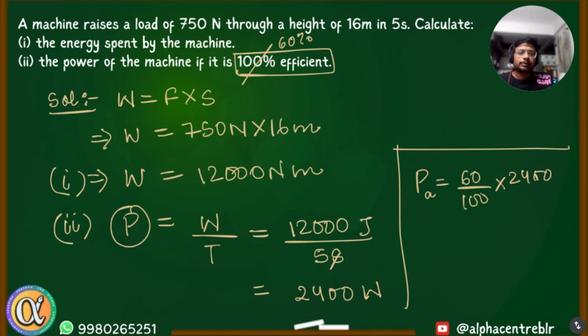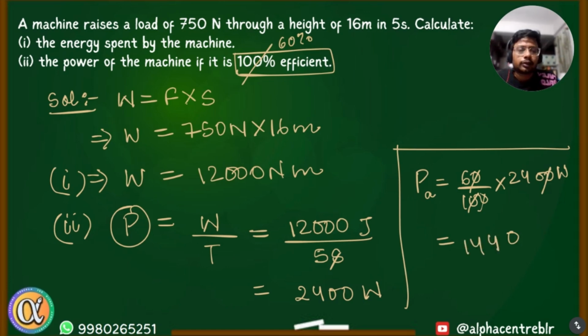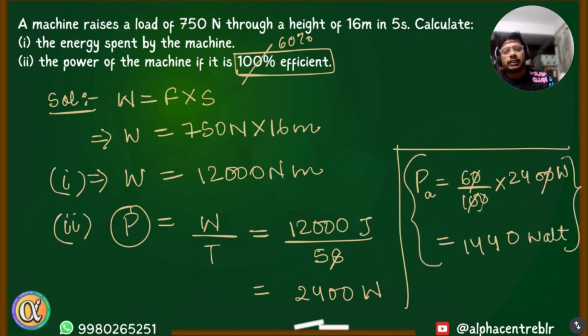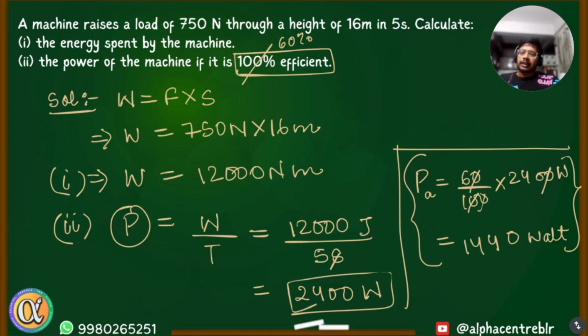If efficiency is mentioned as 60%, 50%, 40%, 75%, just calculate that much percent of the power which you calculated. So 240 into 6, that is 1440 watt. This is only applicable if it is given in the question that it is 60% efficient. For 100% efficiency, you just leave the answer as it is, work by time. That's your final answer.